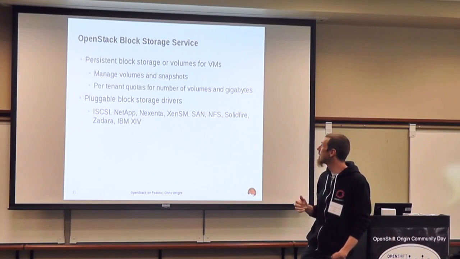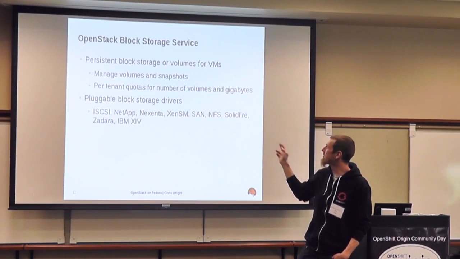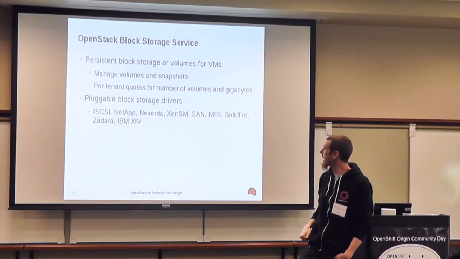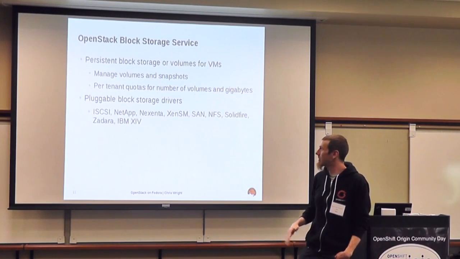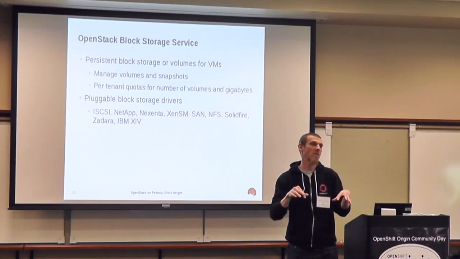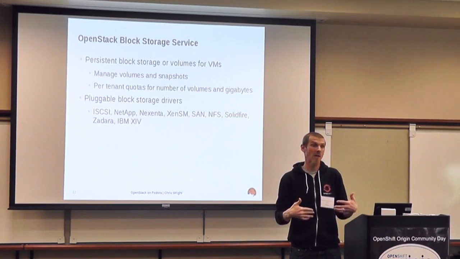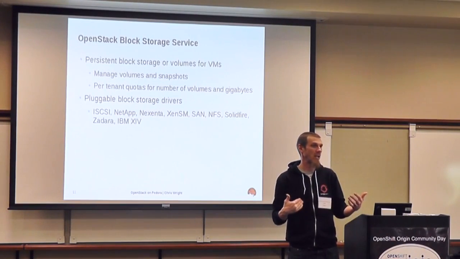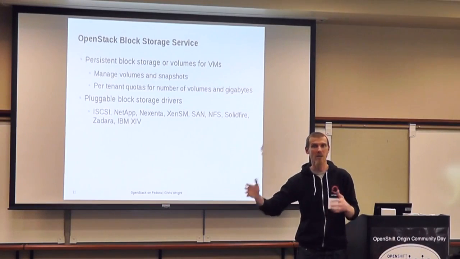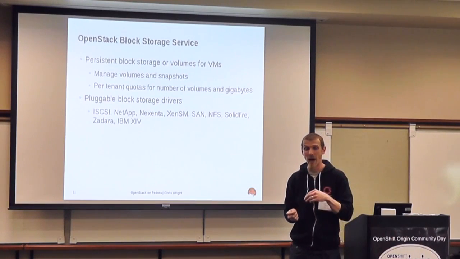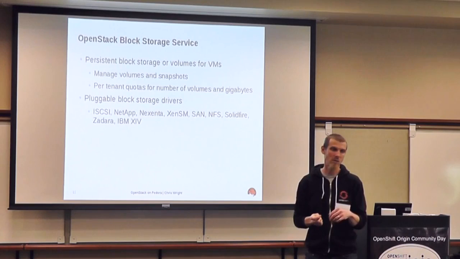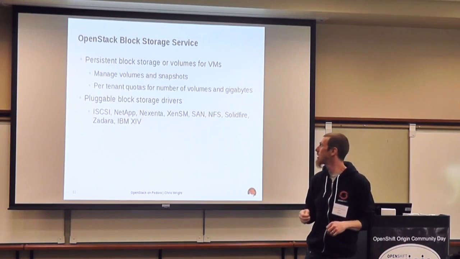I have a long list of the different storage backends here, but needless to say, it's a place where storage vendors can come and rally around. How do I provide my snapshotting functionality natively through some REST API that's specific to my storage area network or NAS box?